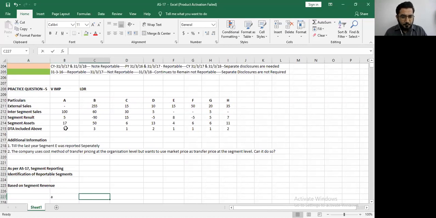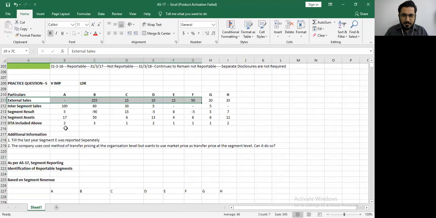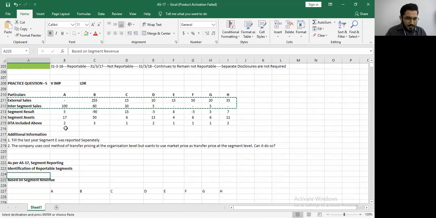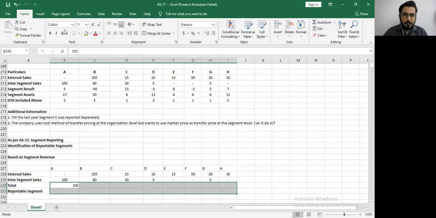You have segment A, B, and so on. You have external sales and inter-segment sales. Then we will have the total, and then we'll decide whether it is a reportable segment or not. Let's make the totals. You have 100 over here.